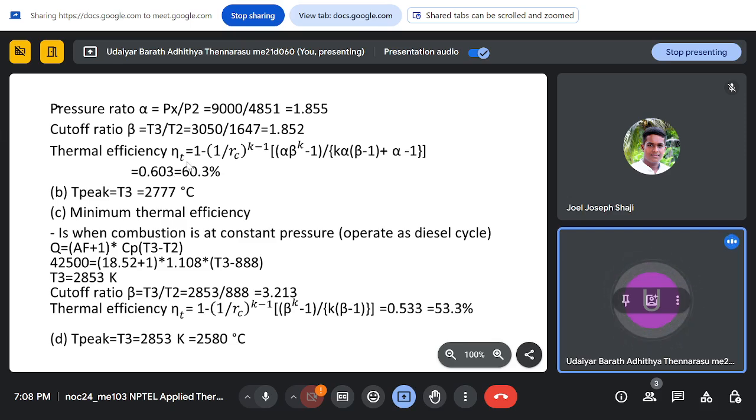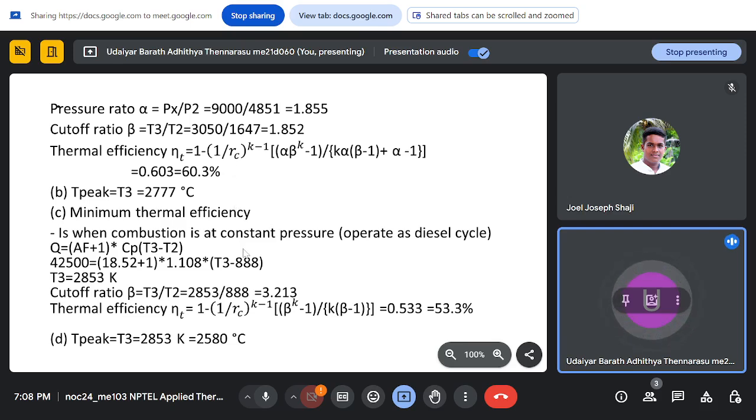So this is how dual cycle efficiency looks like: 1 minus 1 by your compression ratio rc raised to power gamma minus 1 into (alpha beta raised to power gamma minus 1) divided by (gamma alpha into (beta minus 1) plus alpha minus 1). So this is the formula for the dual cycle. On substituting, we know all ratios and the gamma value, so it comes out to be 60.3%.